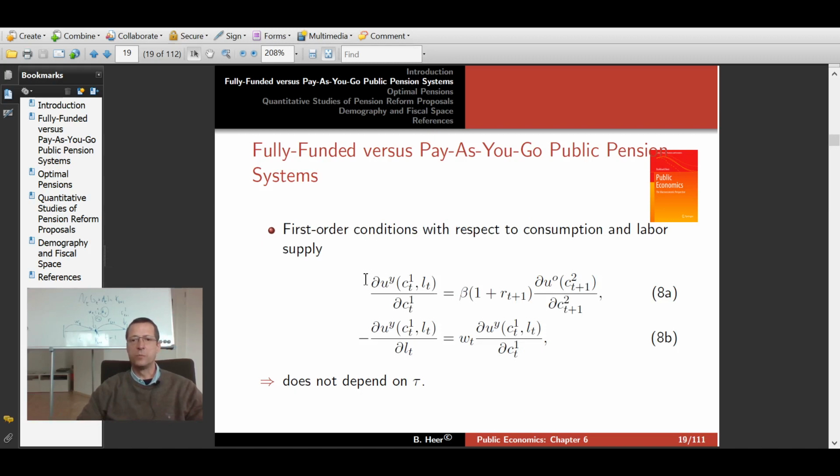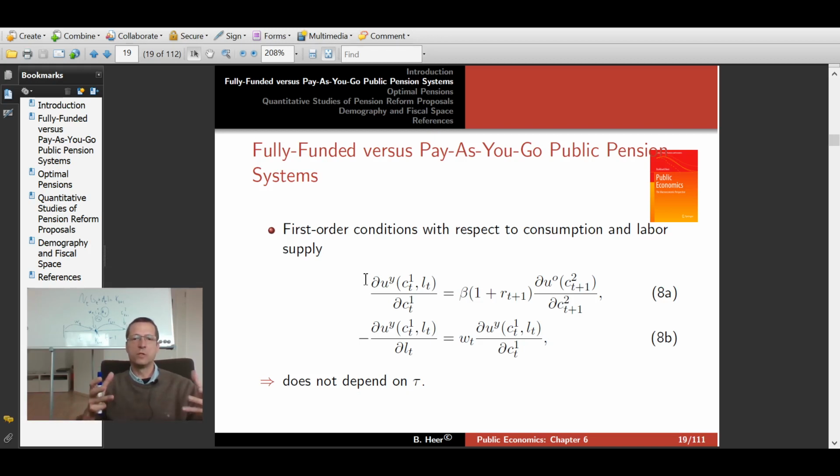And we get to the typical Euler equation here, equation 8a, and the first order condition with respect to labor 8b. And these two equations do not depend on tau either. So the first equation 8a is the Euler equation.